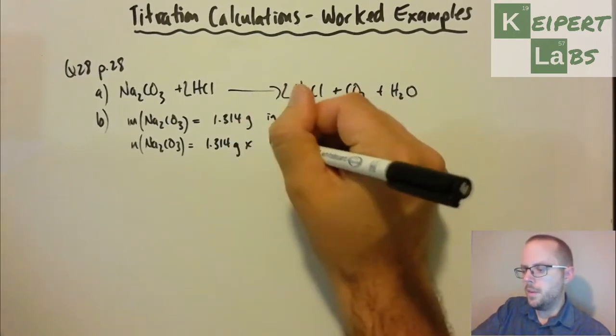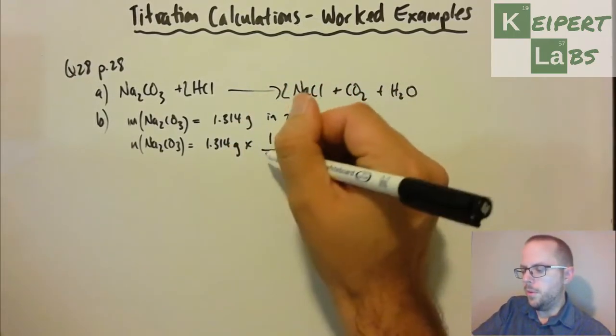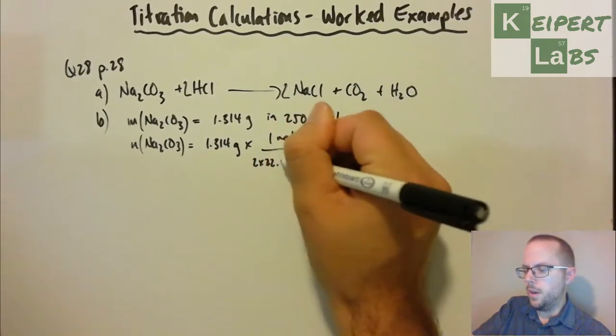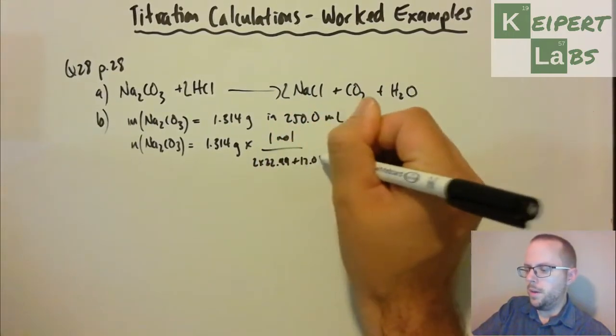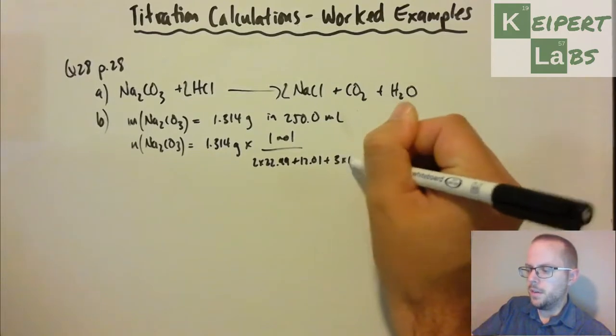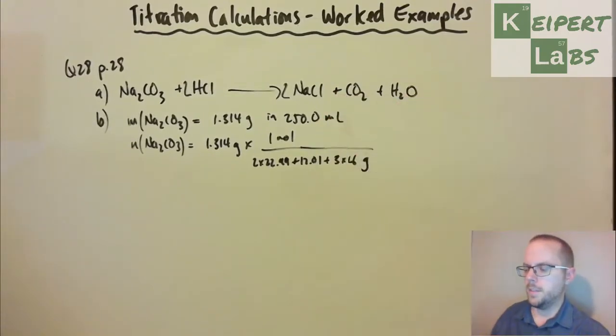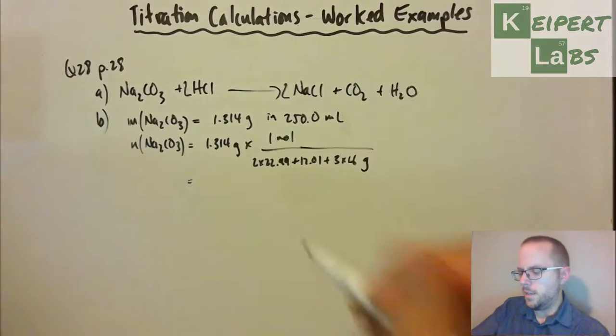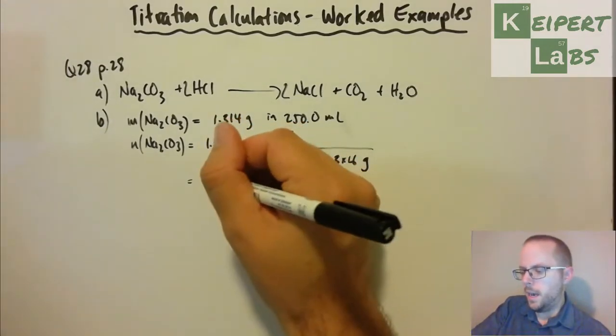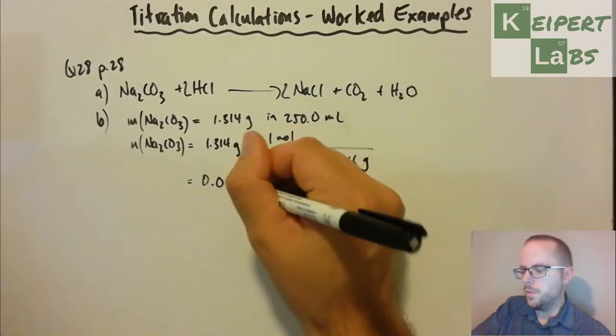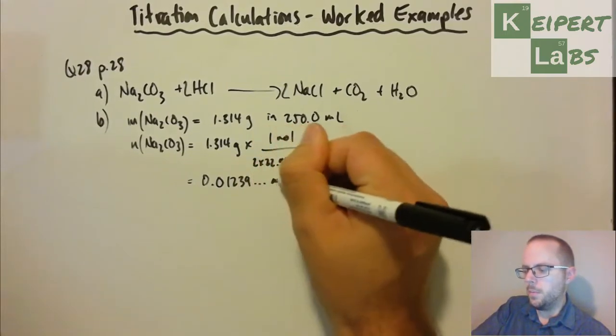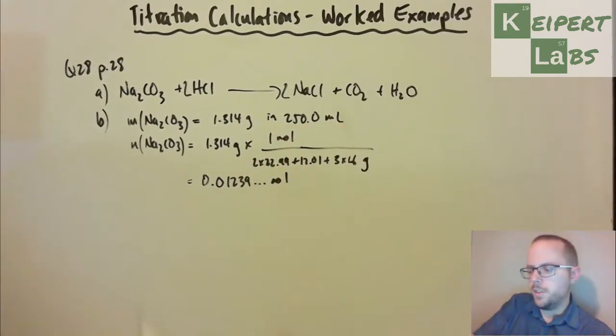So that many grams times 1 mole for 2 times 22.99 plus 12.01 plus 3 times 16 grams, the molar mass of sodium carbonate. If we do that, we get 0.01239 moles.